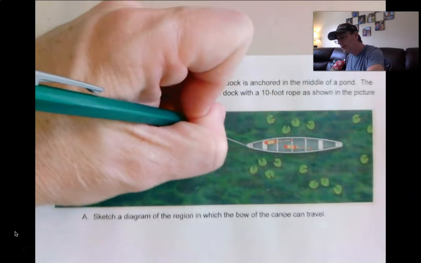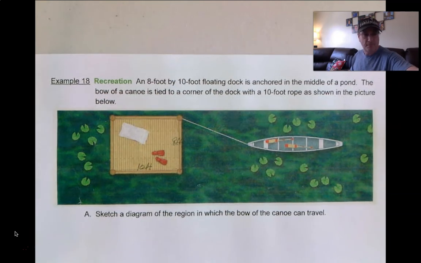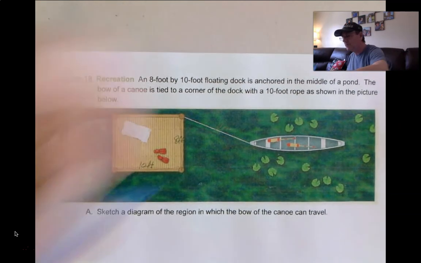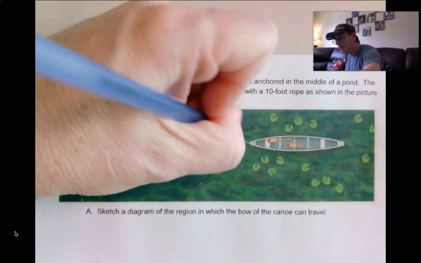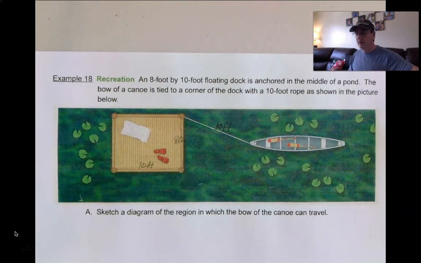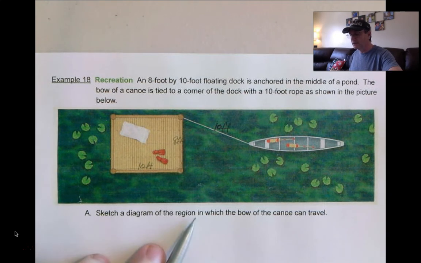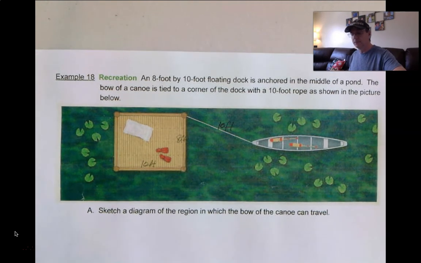So this rope is 10 feet. I don't know if that's showing up. I think it'll show up if I use the pen. No, that shows up. Good. So, sketch the diagram of the region in which the bow of the canoe can travel.